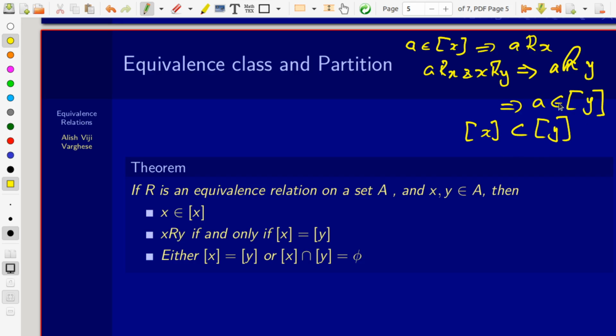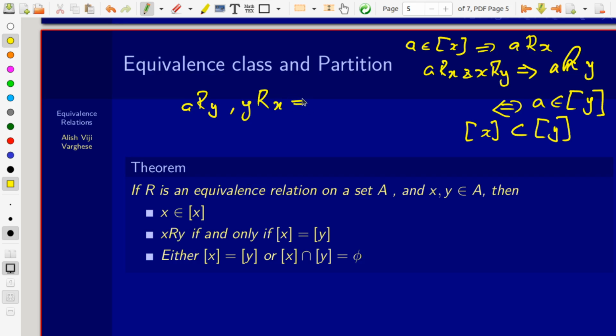Now if we take an arbitrary element a from the equivalence class of y, then obviously that means a is related to y. We are given that x is related to y, and since it is an equivalence relation, by the symmetric property, y is also related to x.